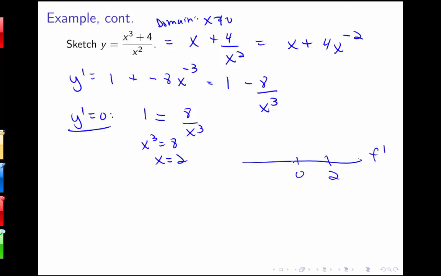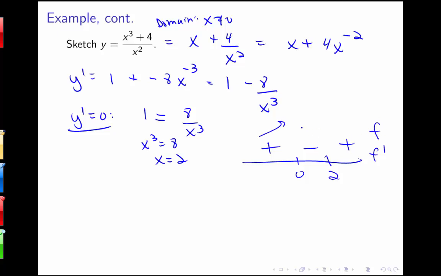Looking at what my derivative is when x is smaller than 0, like negative 1, I'm looking at 1 minus 8 over negative 1, so that's like 1 plus 8, so I'll get something positive. If I plug in something like 1, I'll have 1 minus 8, so I'll get something negative. We plug in something bigger than 2, like 3, I'd have 1 minus 8 over 27, which gives me something positive.